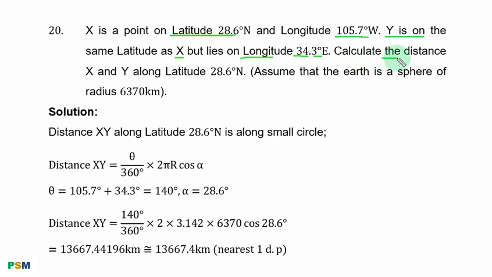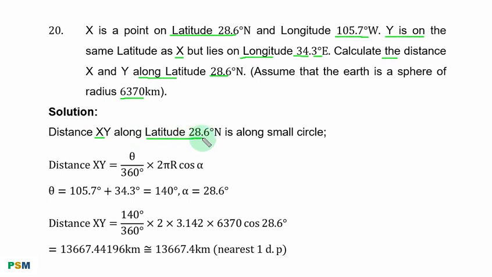Calculate the distance SY along latitude 28.6 degrees north. Assume that the Earth is a sphere of radius 6,370 kilometers.